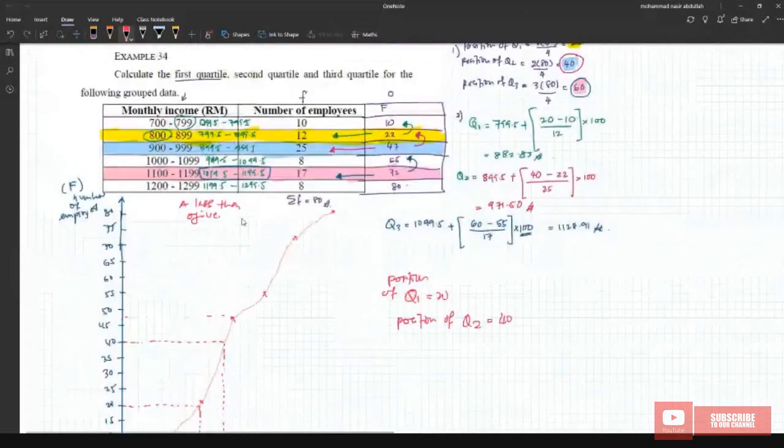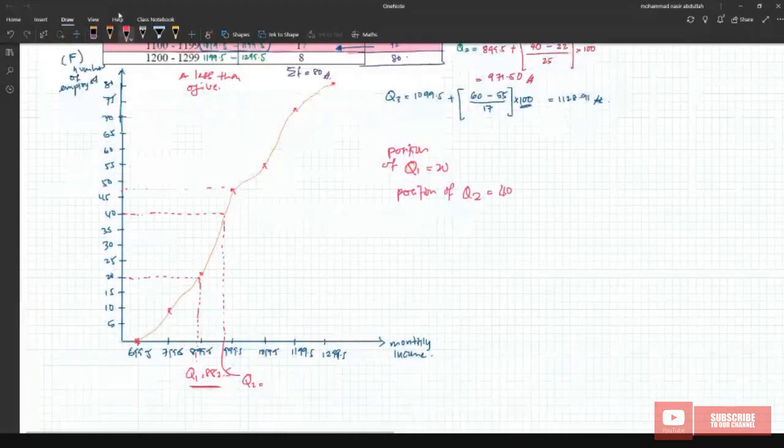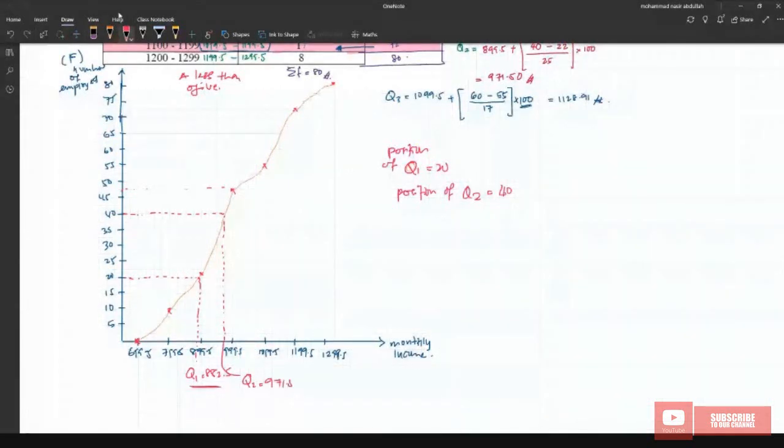So you will get around the exact value, 971.5 if you do a correct measurement. And position of quartile number 3 is equal to 60.